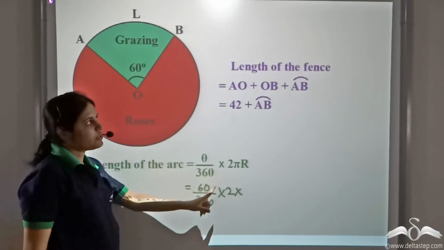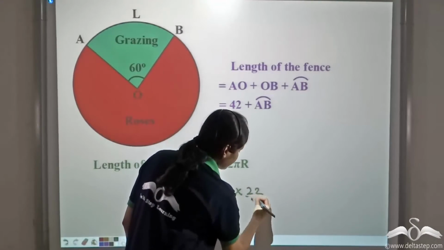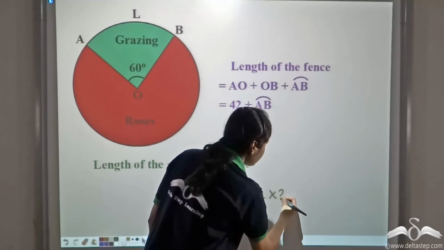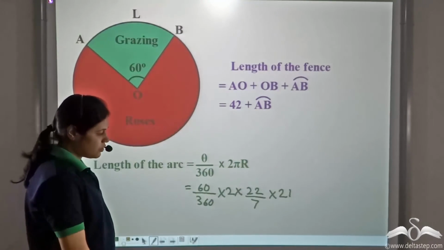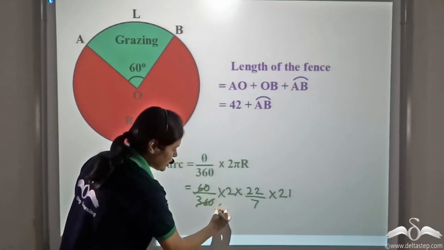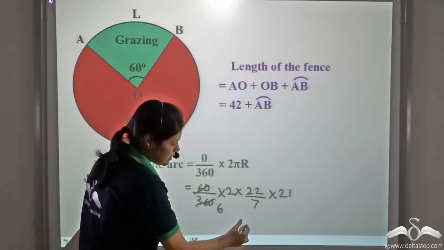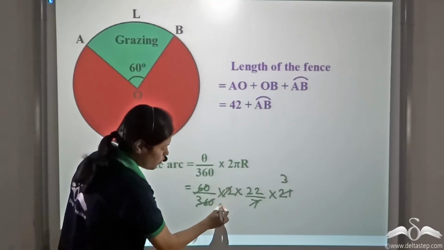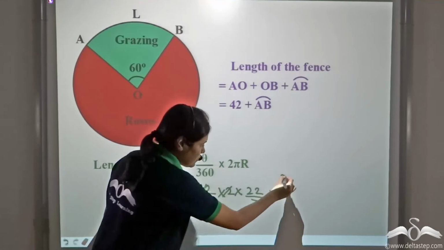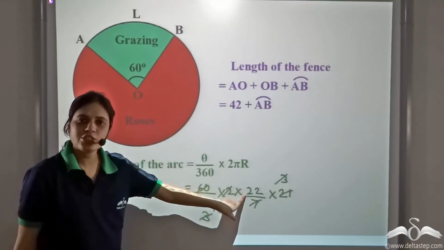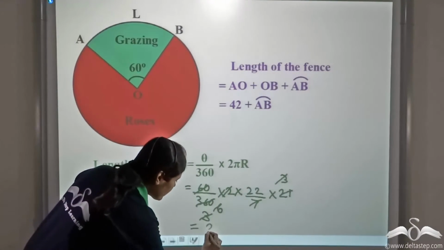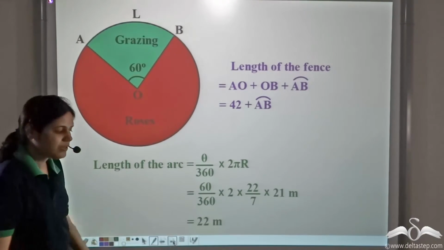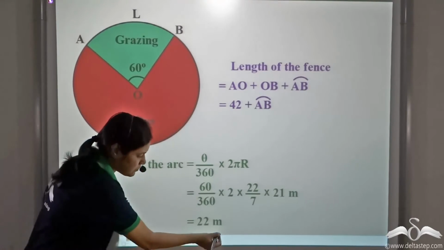Let us take pi to be 22 by 7. And r, which is the radius, is 21 meters. So 60 by 360 is 1 by 6. 7 and 21 get cancelled. 2 and 6. So what we are left with is 22. So the length of the arc is 22 meters.